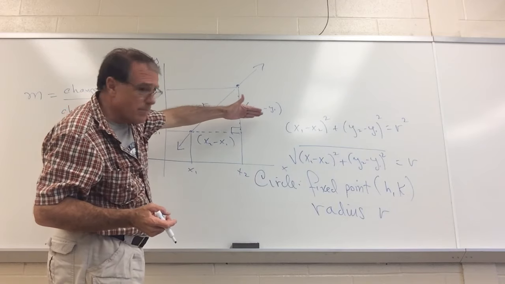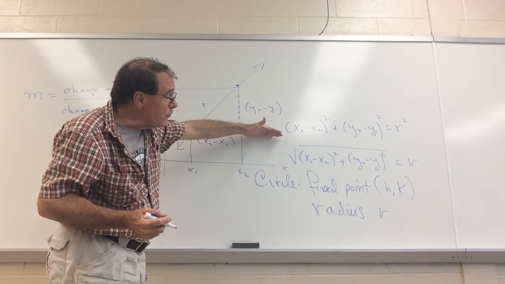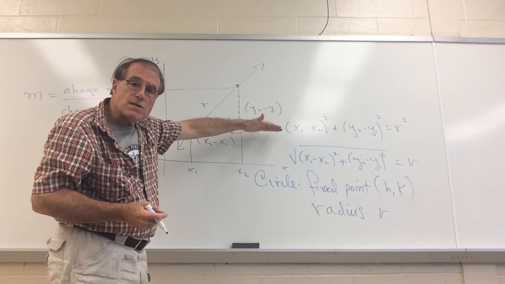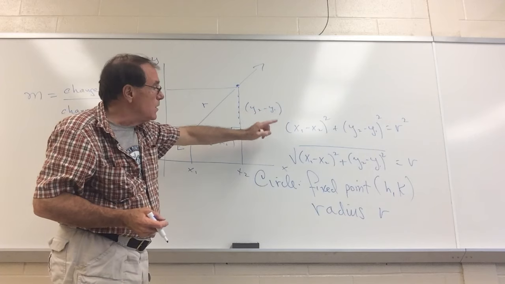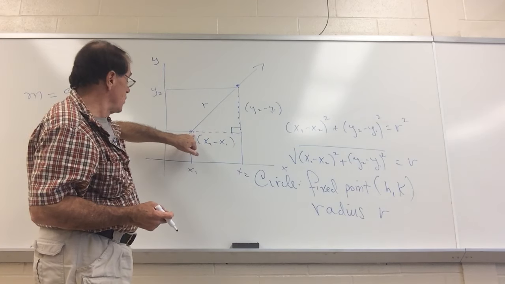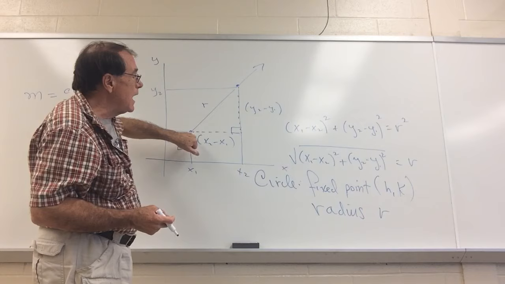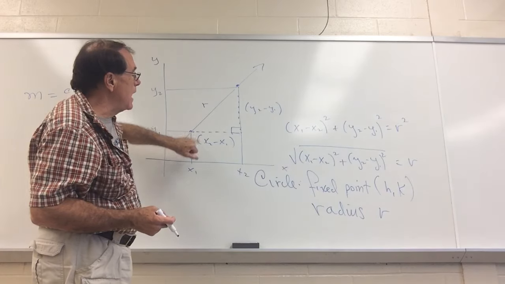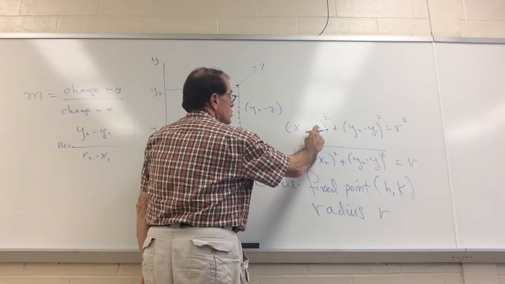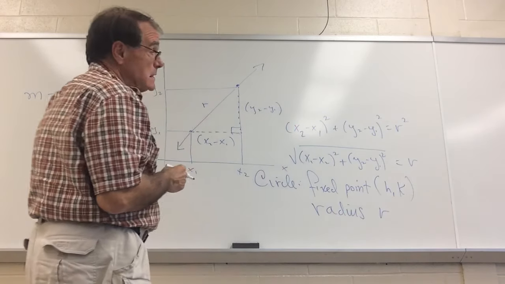So you see what I'm having then? This formula from the Pythagorean theorem gives us the equation of a circle whose center, let's say, is at x1, y1. And this should be x2 minus x1 to be consistent.